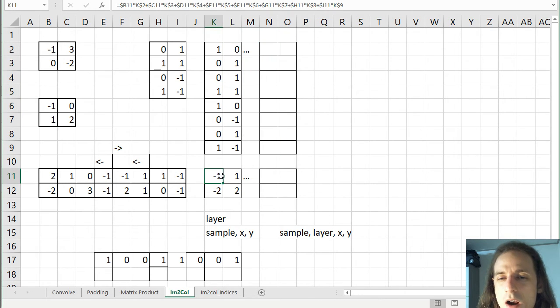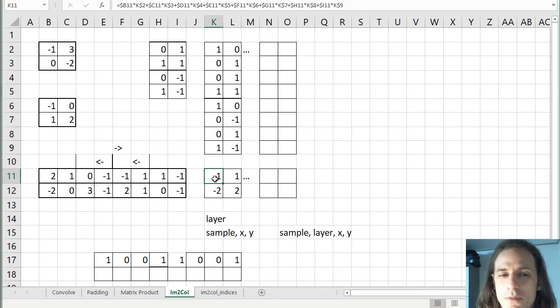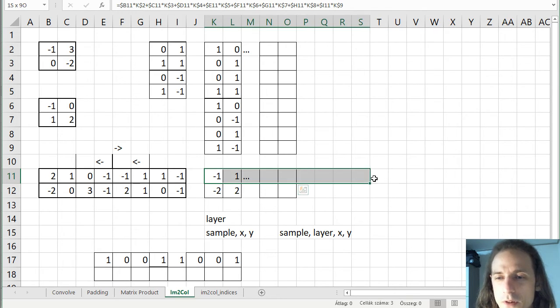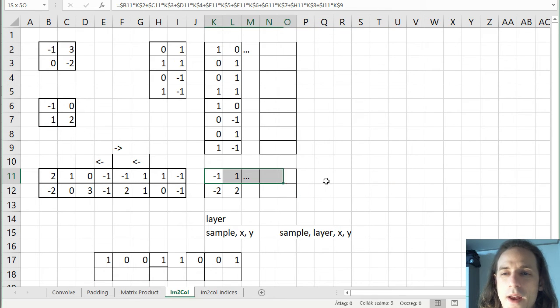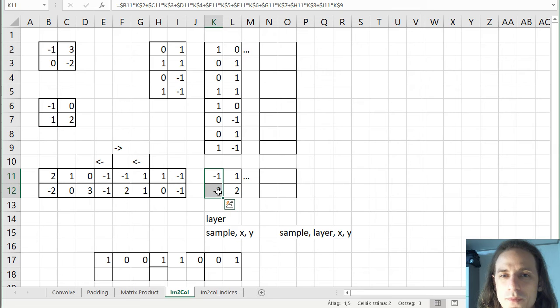So when we're trying to reshape it into a regular image, we have to think about how it is stored in the memory: we go through the first line and the second line. The first line will have all the rows, and then all the columns, and then the samples, and then the layers.